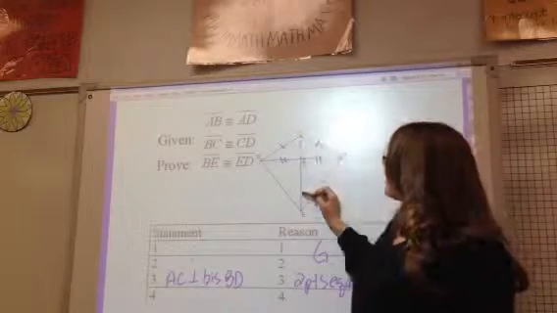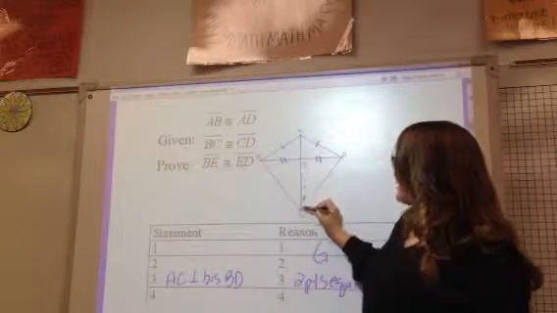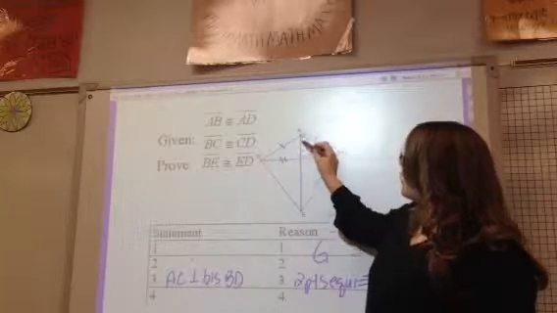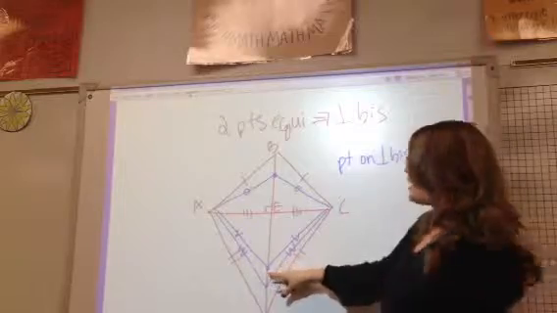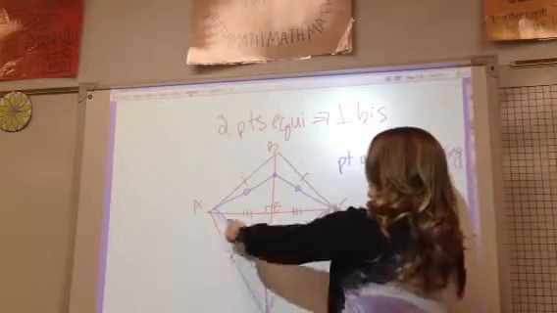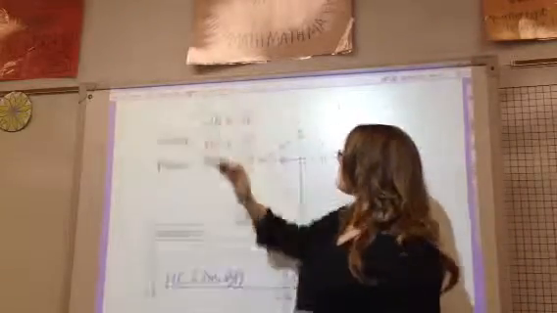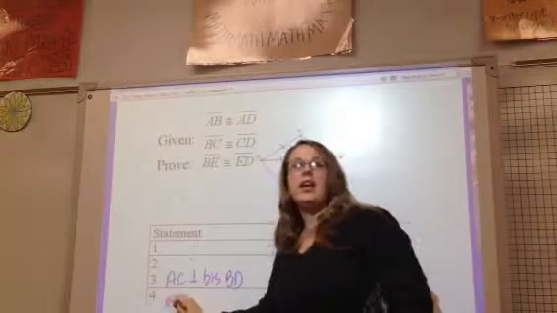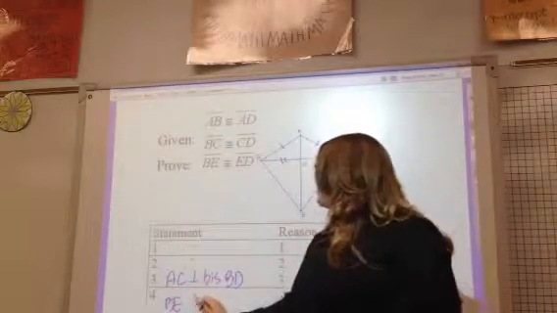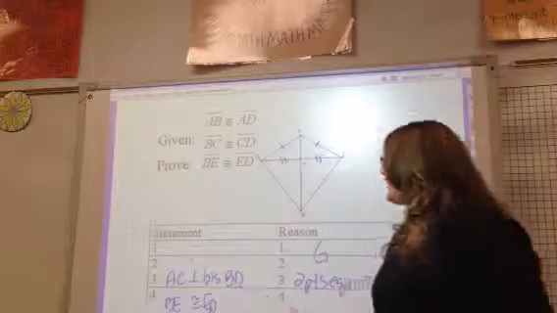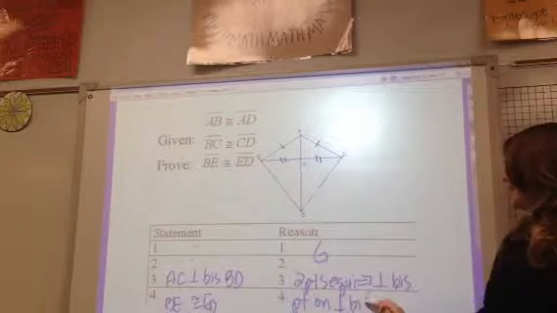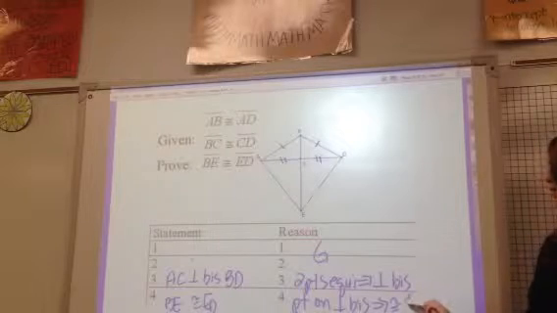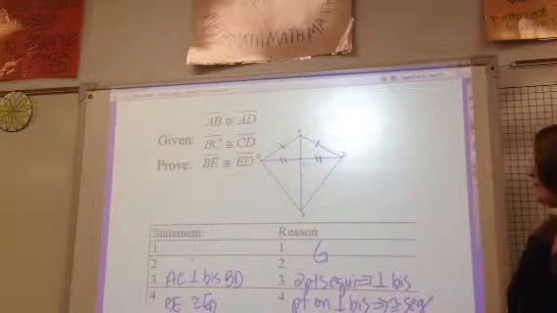Once I know that this is a perpendicular bisector, any point on here would give me congruent segments. Like what we saw here, any of these points gave me congruent segments, which means that BE is going to be congruent to ED. Any point on a perpendicular bisector implies you have congruent segments.